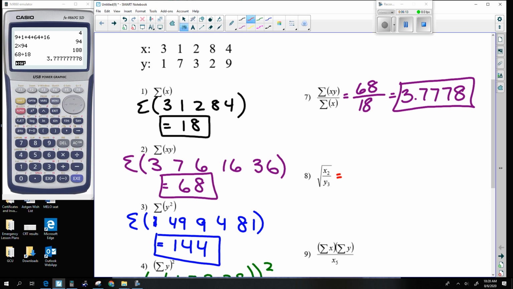Next, x sub 2, that is the second number of x, so that is the number 1. X sub 3 is the third number of y, which happens to be the number 3, inside of the square root. So I need to square root 1/3. Again, make sure you use parentheses. Square root 1/3. Because if I take the square root of 1 divided by 3, it's not going to do the same thing.